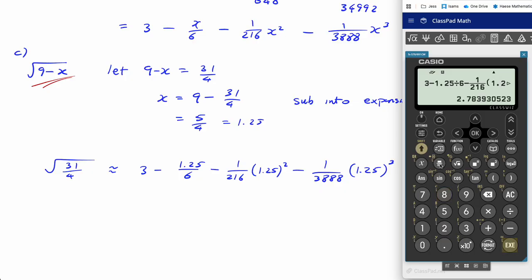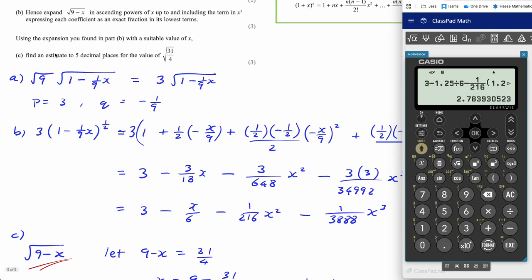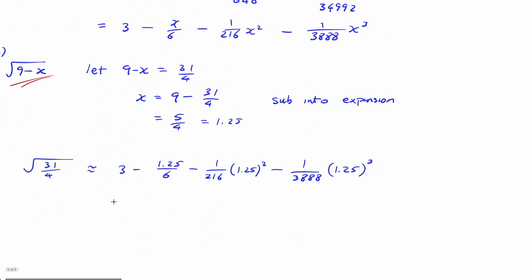Okay, and I get 2.7839, and he wants it to 5 decimal places. Okay, so this is equal to 2.78393.